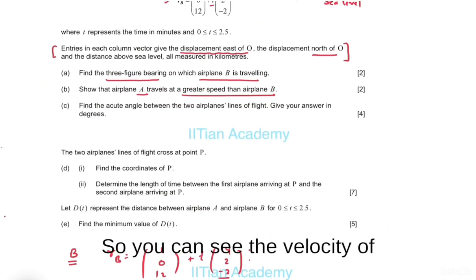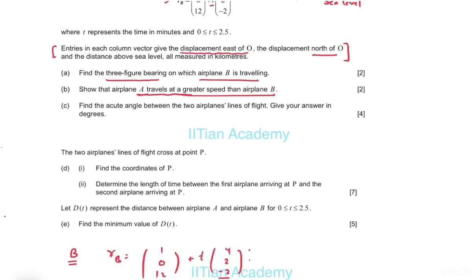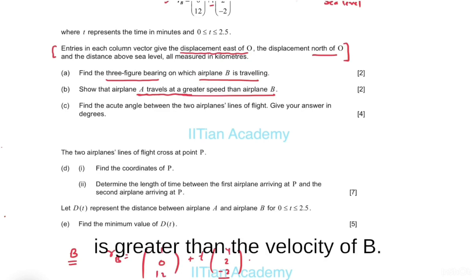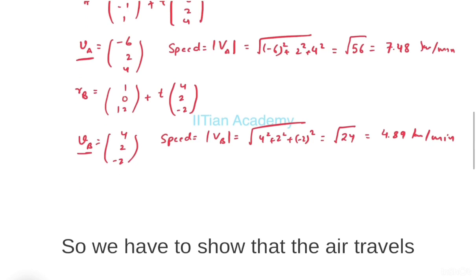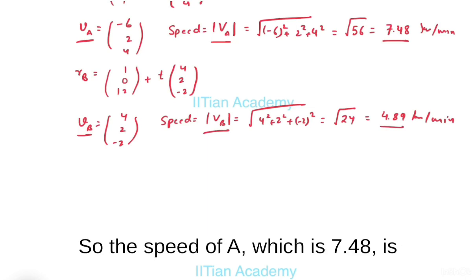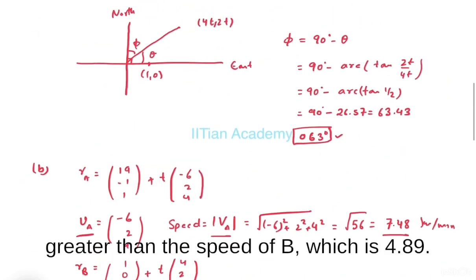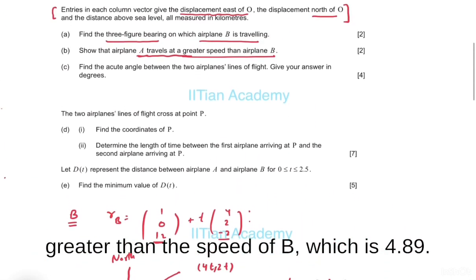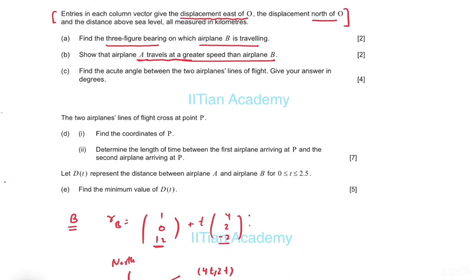So you can see the speed of A is greater than the speed of B. So the speed of A, which is 7.48, is greater than the speed of B, which is 4.89.